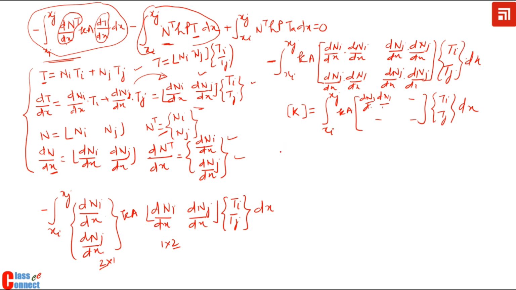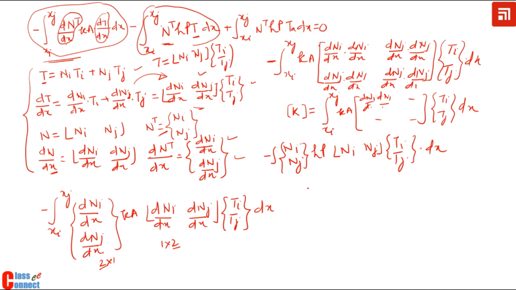So substituting these, I can get minus of this N transpose, I can write using this Ni and Nj, then h, P and T I can write as Ni and Nj, Ti and Tj multiplied by dx.